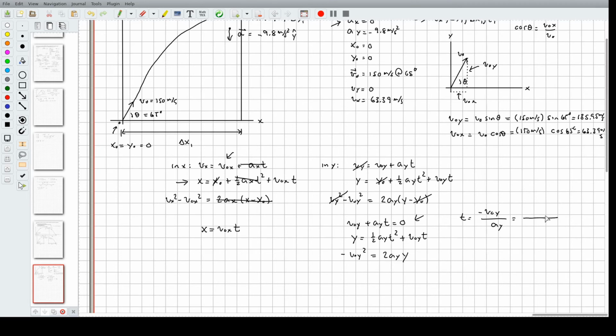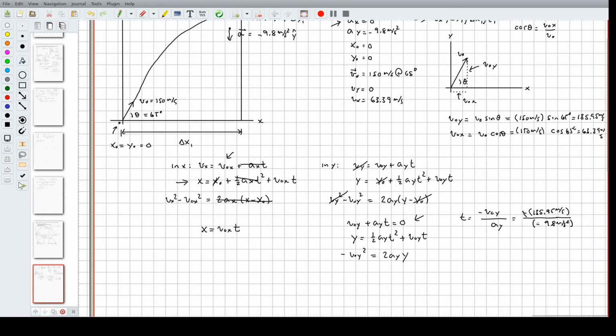So if you plug that in, v naught y is up here, 135.95 meters per second. Okay. The acceleration we know, that's 9.8 meters per second squared down.